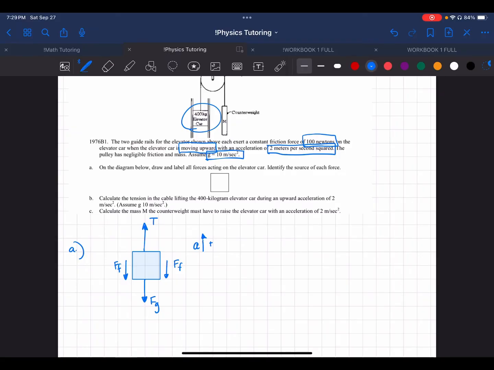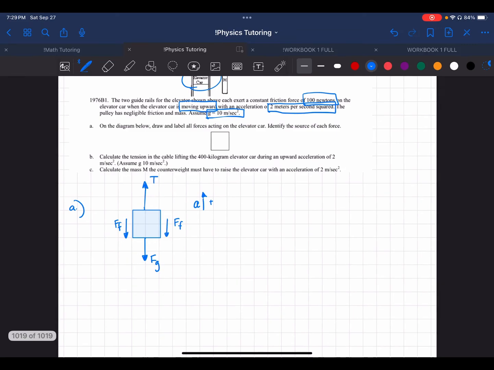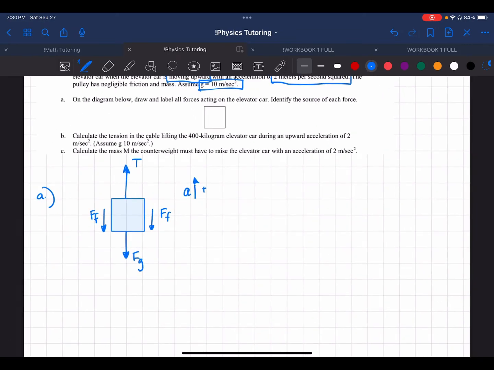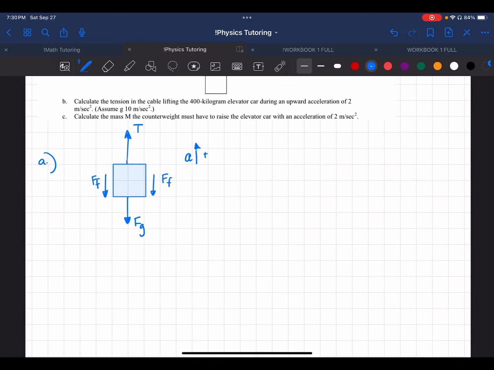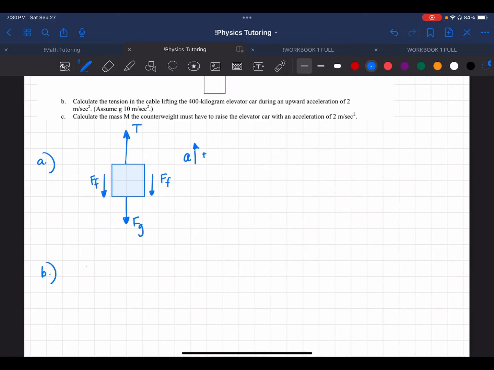So then when I sum my forces in part B, the summation of forces in the Y, I'm going to make up positive, the same direction as A. So T is positive, and everything else is negative.